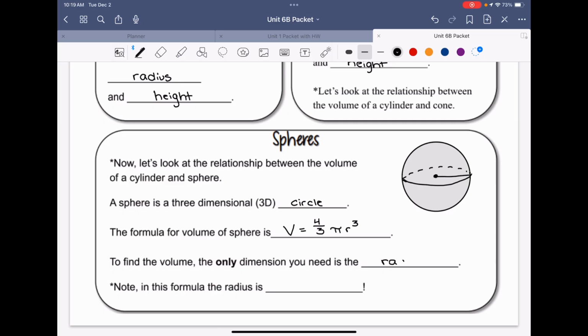We don't have any kind of height here because every single measurement has to do with the radius or that diameter. In this formula, we are cubing our radius, not squaring it. And I'm going to highlight that. Let's go ahead on the next page and actually try using this formula for these three shapes.